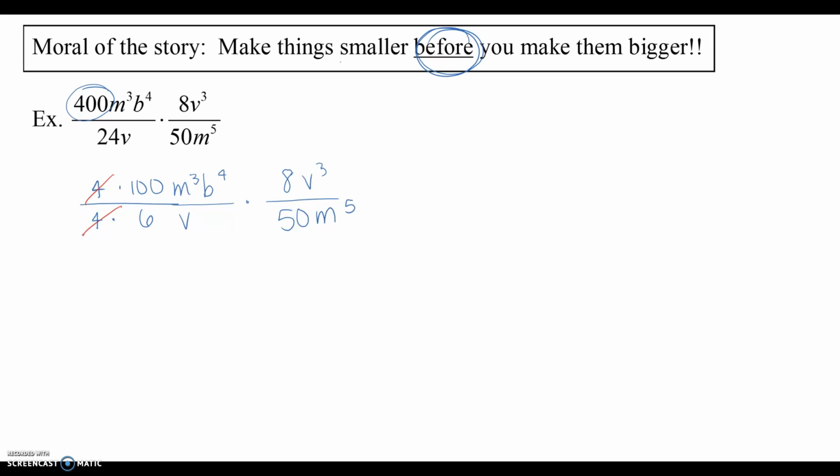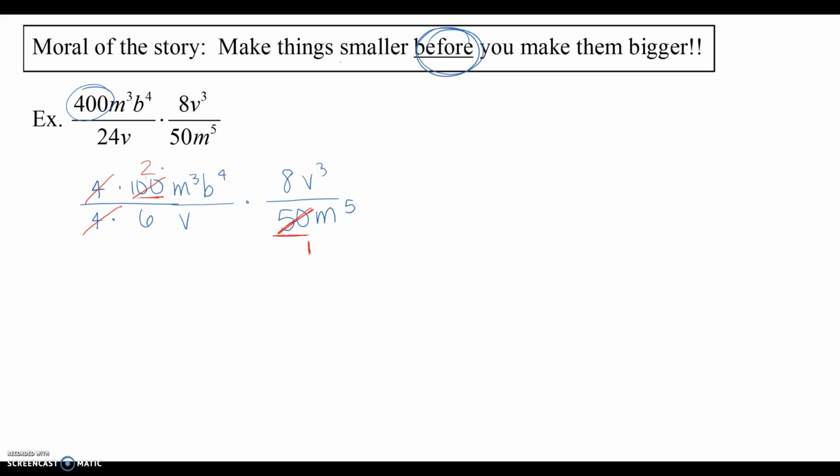Now we could keep expanding this and simplify from there. So like 100, I could divide it by 6, but I'm dividing by 50 over here, so maybe I'll think, okay, well, what's 100 divided by 50? So this will be 1, and 100 divided by 50, this is going to change to a 2.